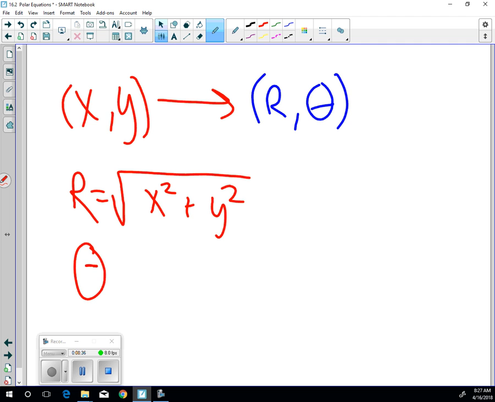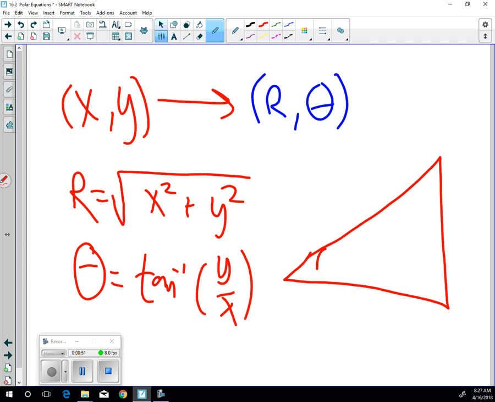And theta is equal to the inverse tangent of y over x. Good? That's just from the triangle. Old news, easy as can be. It's old right triangle knowledge.